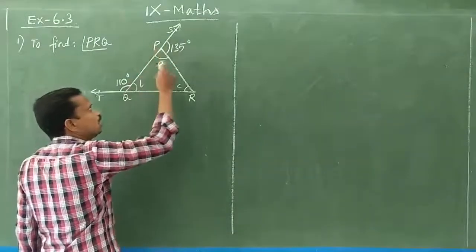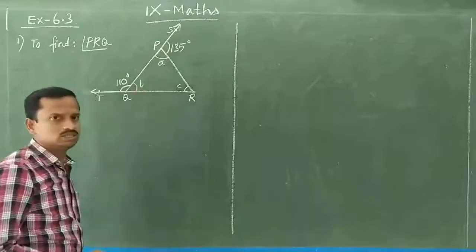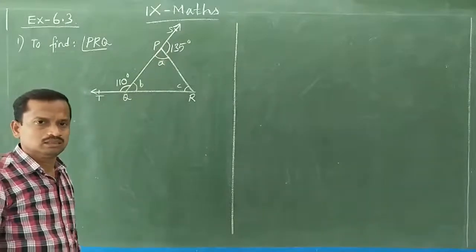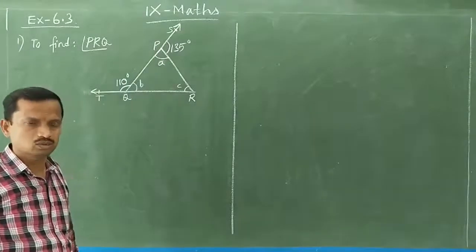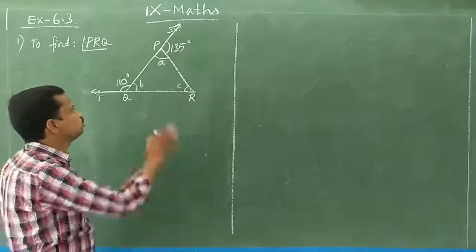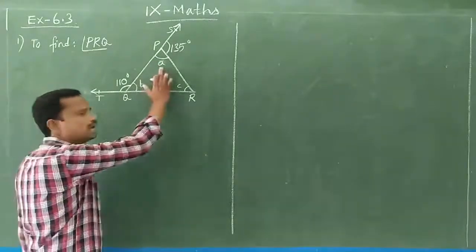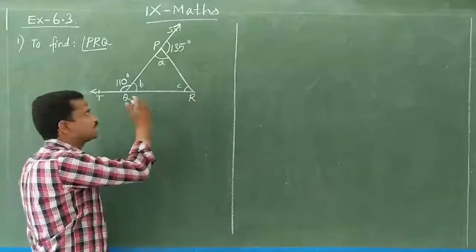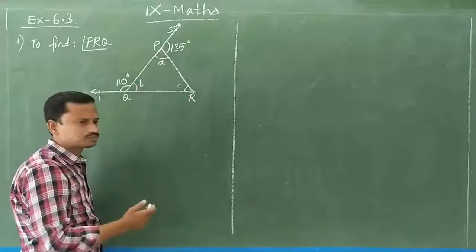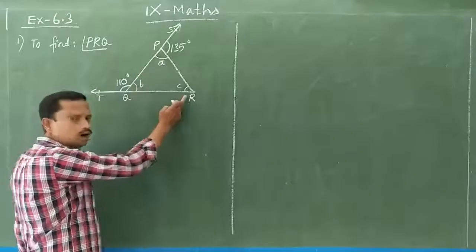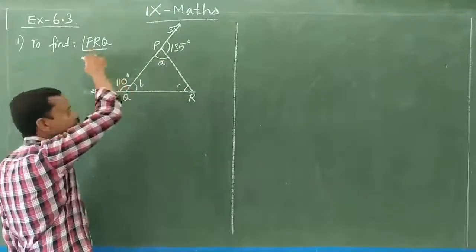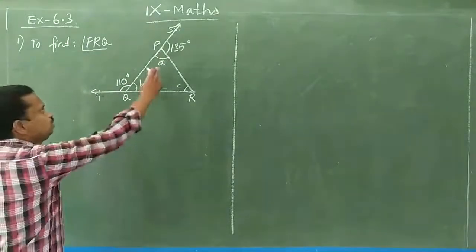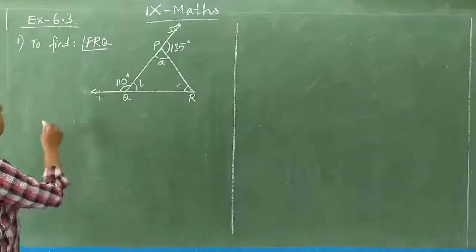Because this is a straight line and these two are adjacent angles in a straight line, if you add, you get 180 degrees. So they are a linear pair of angles. Using that concept, we can find angle A and also angle B. Angle A is QPR, angle B is PQR, and angle C is PRQ, which is to be found. So first of all, let us find angle A from the figure.